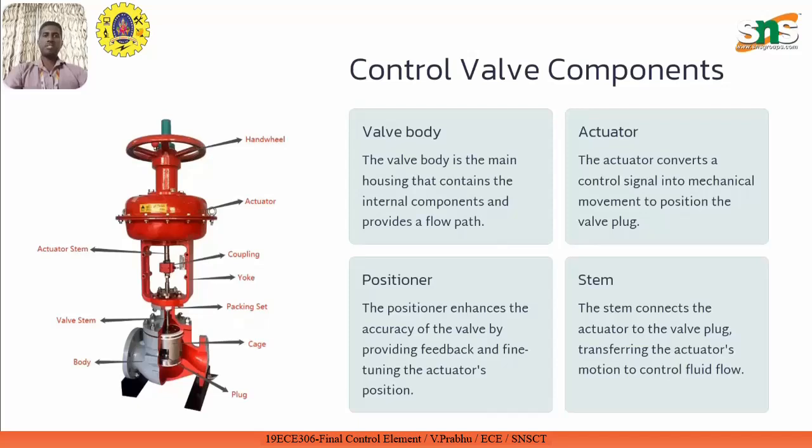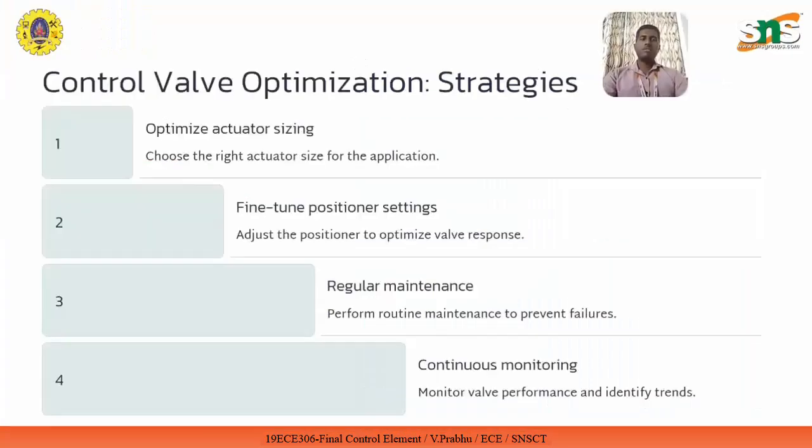Finally, we are going to see how to optimize the control valve. The final topic is control valve optimization strategies: how we are going to optimize the performance of a control valve.